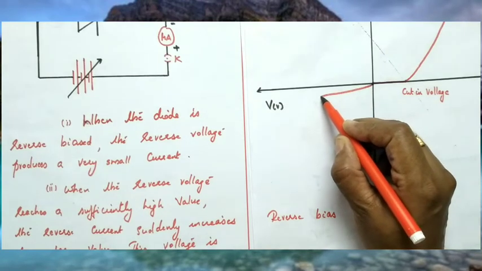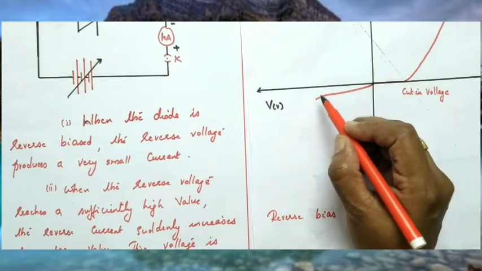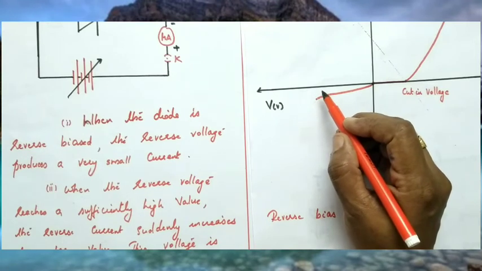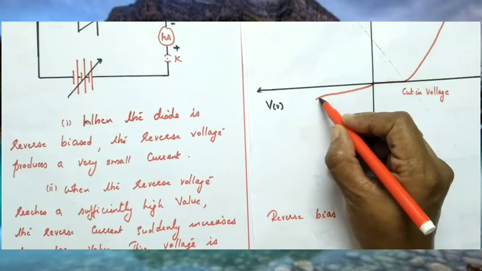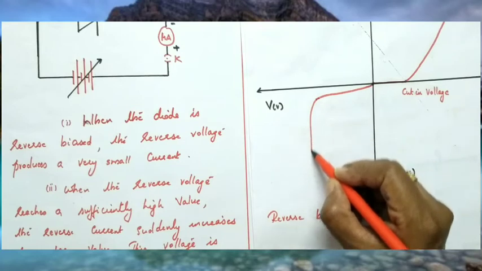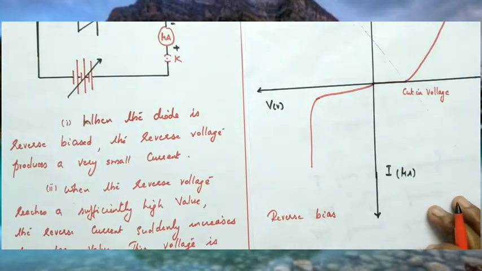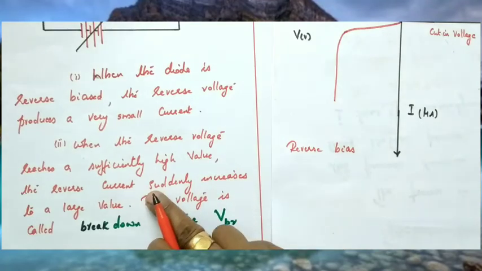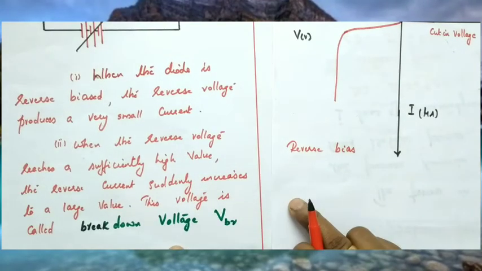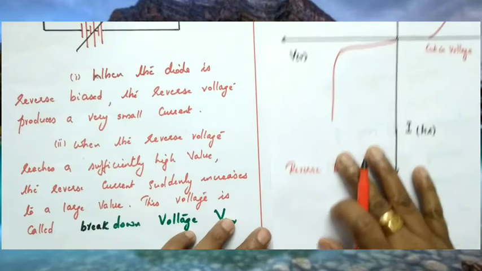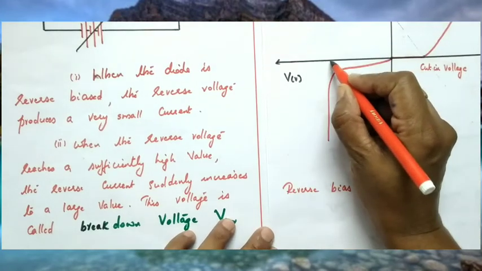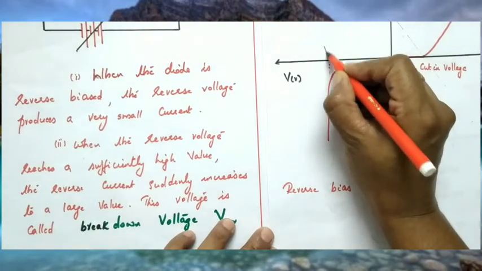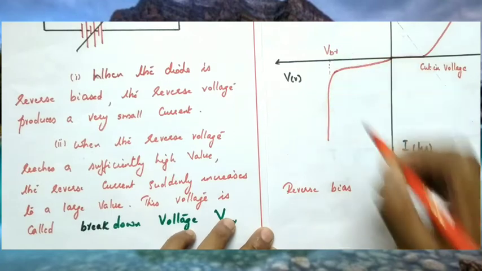After it reaches a sufficiently high value, what happens to current? Current increases abruptly. When the reverse voltage reaches a sufficiently high value, reverse current suddenly increases to a very large value, and the corresponding voltage is called the breakdown voltage.